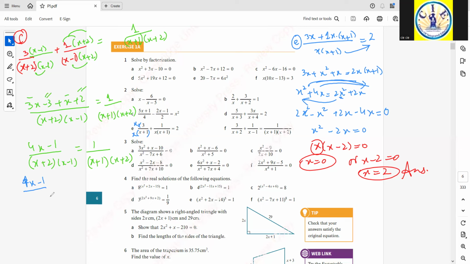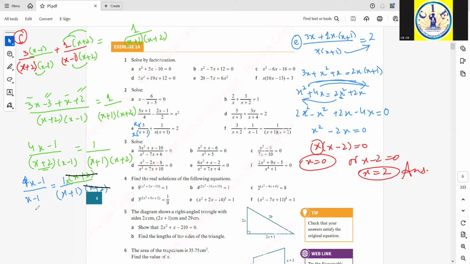If this is the cross multiplication, 1 by x plus 1 times x plus 2, I can shift this x plus 2, which was previously being divided on the left side. When I shifted it to the right side, it got multiplied by 1. So now you can easily understand that we can cancel x plus 2.